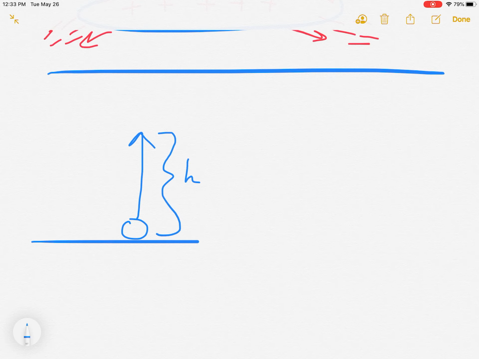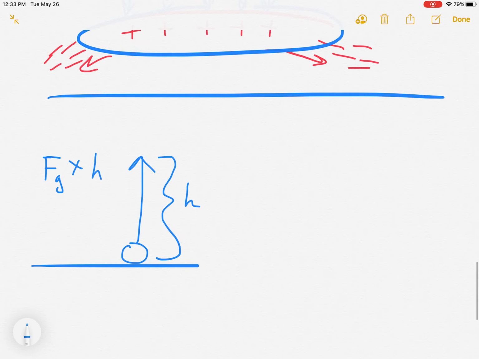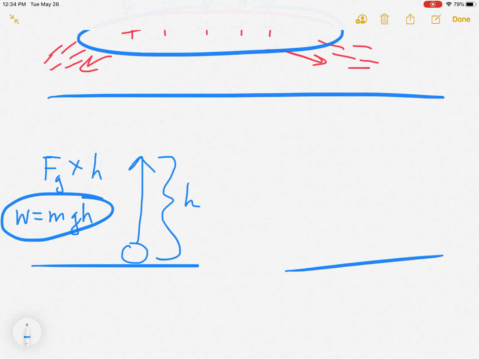Well, we would move it up a certain h. And as we said, we would apply the force mg. You'd have to apply a force equal to its weight, or the force of gravity pulling it down. And so it's Fg multiplied by the height that we want to move it, so that became mgh, and that represented the work that was being done.